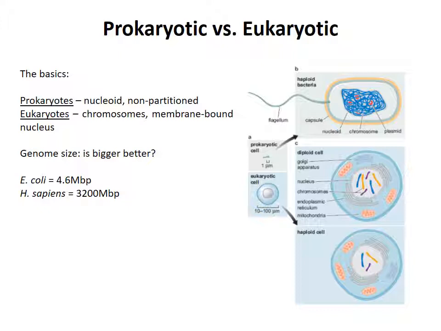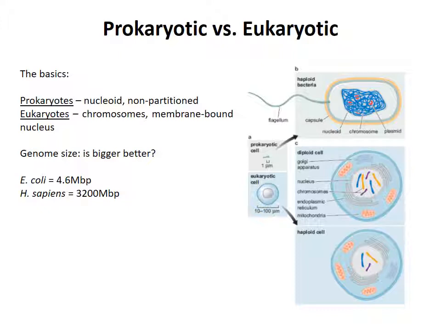Eukaryotes often have more than one chromosome. Some eukaryotes have many chromosomes. Some only have a few, like yeast. But generally, these chromosomes are much larger than the prokaryotic counterparts. If we think about genome size, you'd be forgiven at first thought for thinking that the larger a genome, the more complex an organism. It's an obvious comparison, and certainly there are some obvious correlations between genome size and complexity of organisms.